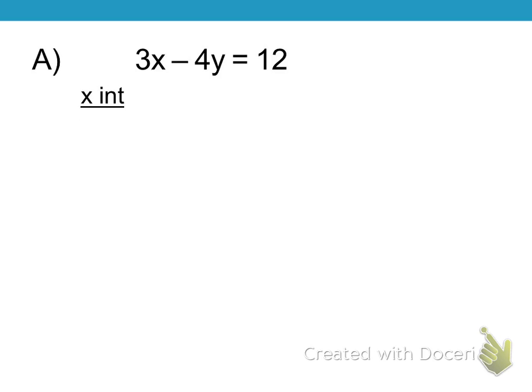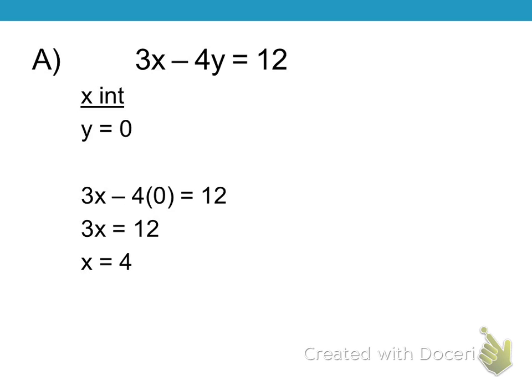To find the x-intercept, I do what? To find the x-intercept, you do y equals 0. Good. When y equals 0, this guy's going to go away, right? So we're left with 3x equals 12. So what does x equal? 4. Perfect.